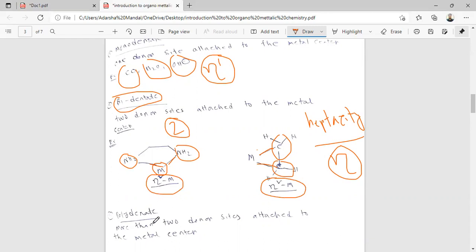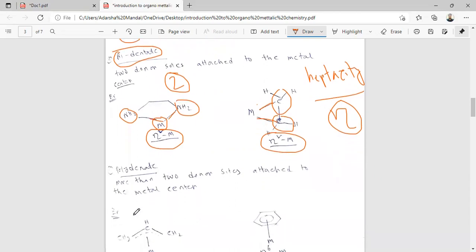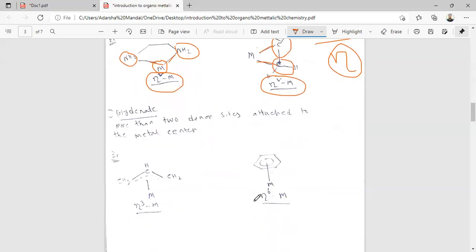And next is the polydentate ligand system. Polydentate means it has more than two donor sites which are attached to the metal center. Polydentate ligands have more than two donor sites which are directly coordinated to the metal center. One example is the benzene molecule. Benzene is a pi donor ligand system.